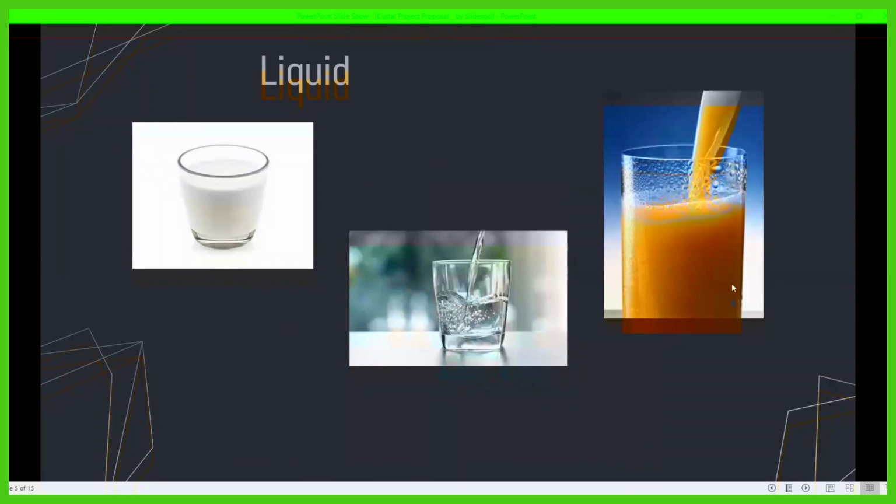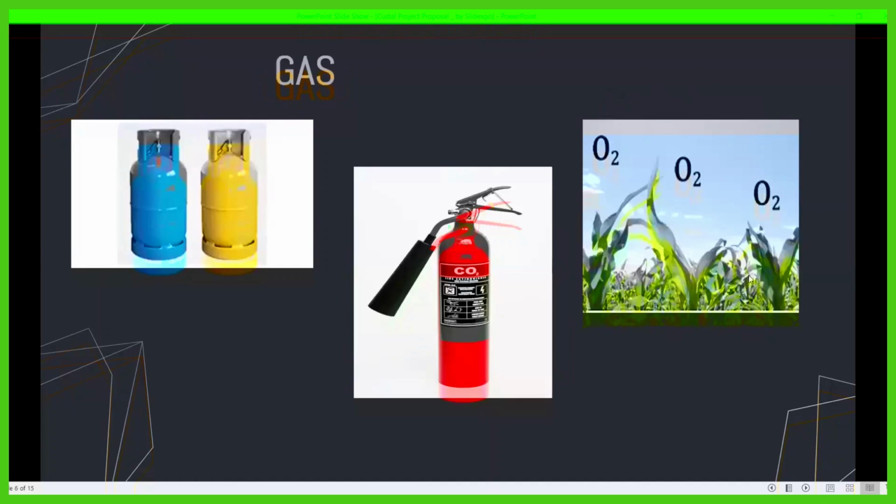It's water or fresh juice or milk, maybe, as I said in the previous slide, blood, petrol, and gas. So oxygen, carbon dioxide, and the LPG gas, that is liquid petroleum gas in the gas cylinders that we're using for the cooking purposes. So it's an example again for gas, liquid petroleum gas.